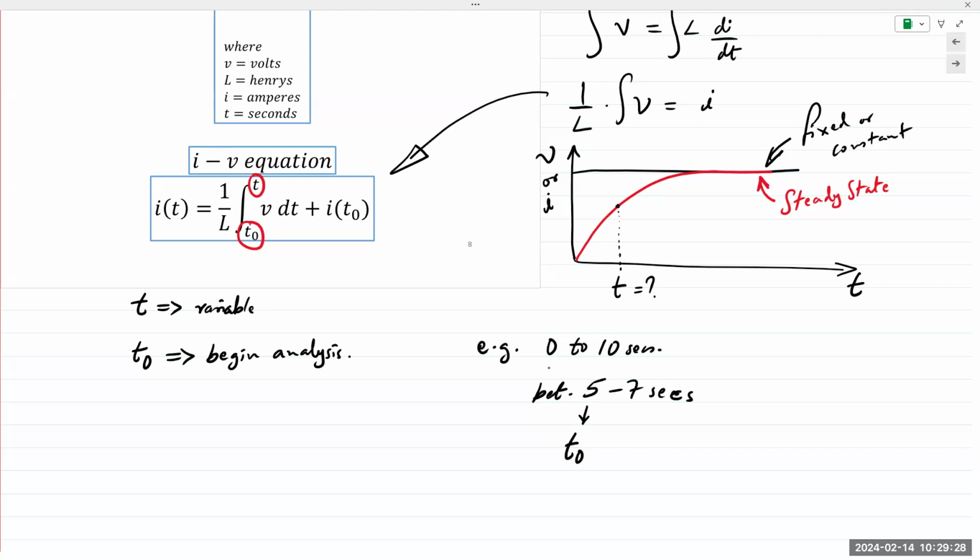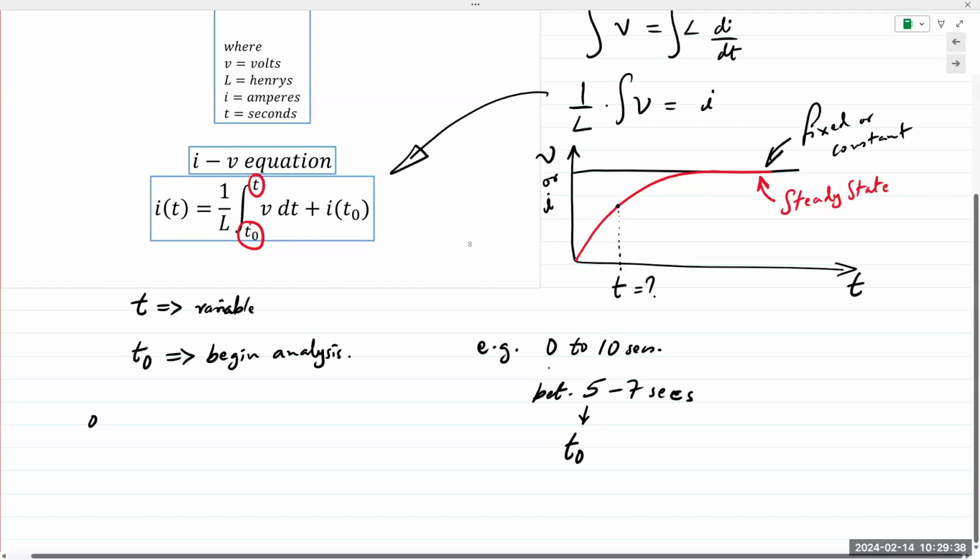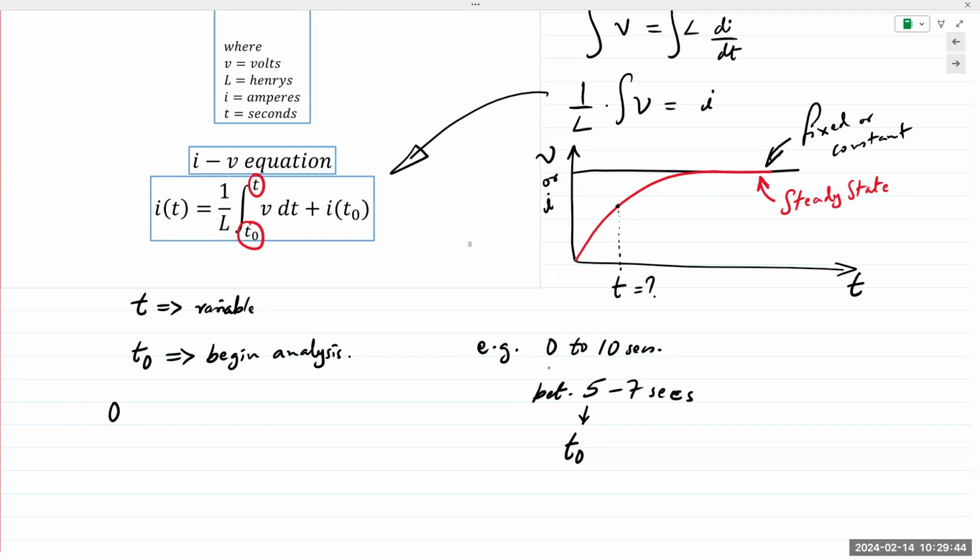Sometimes some authors like to use the notation i instead of 0, and we will see that in chapter 4 also. So let me write it: 0 or i, and that i stands for initial value.